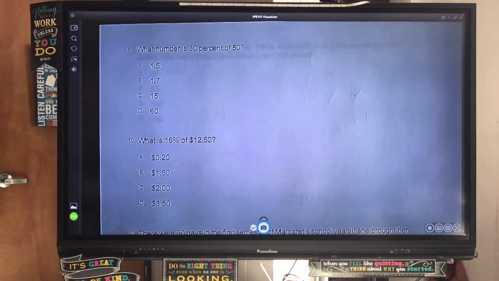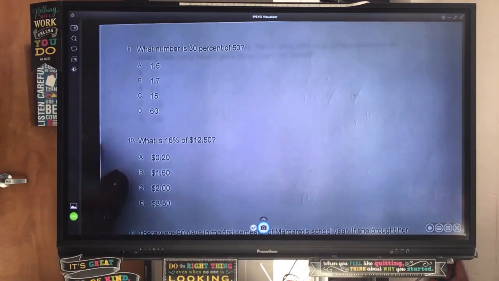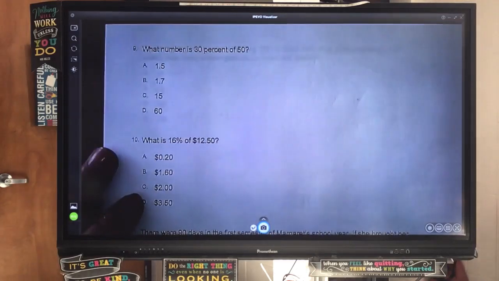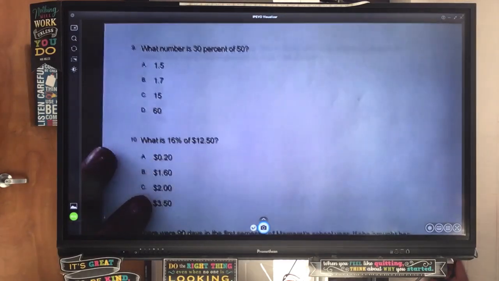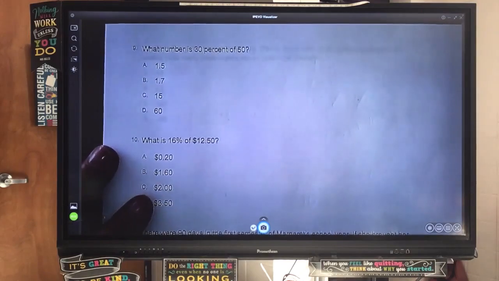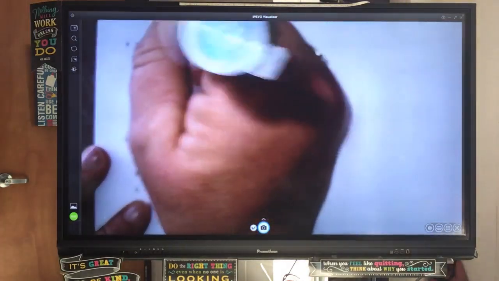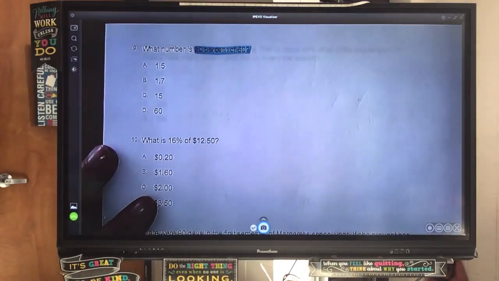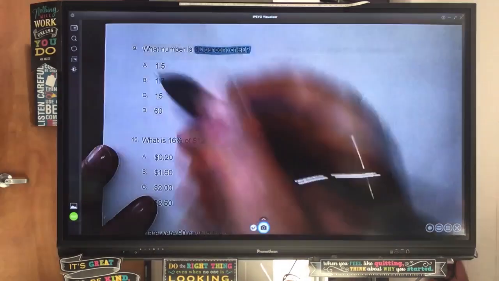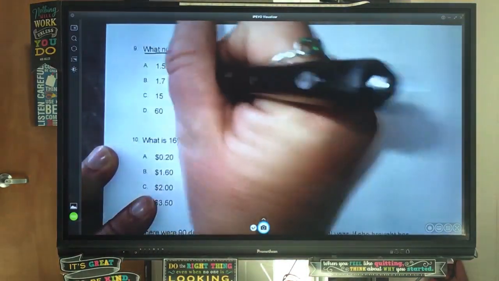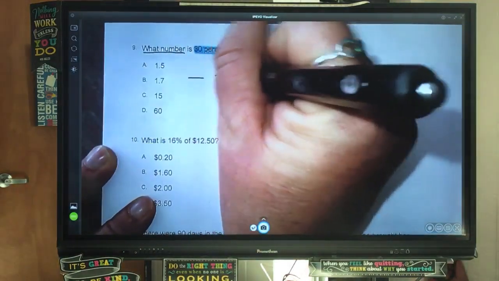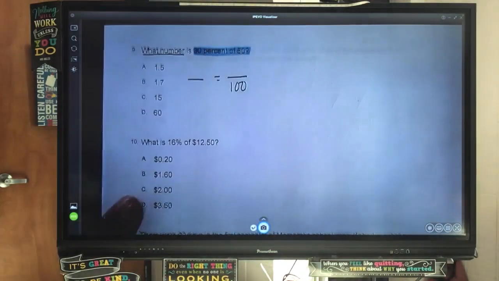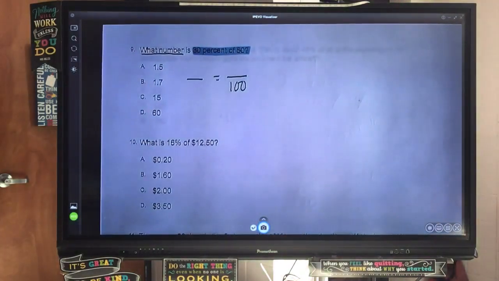All right, so number 9, it says what number is 30% of 50? All right, what is important in this question? Mila? 30%, 50. Okay, anything else? Okay, so when I set this up, do I have a percent in there, Mila?